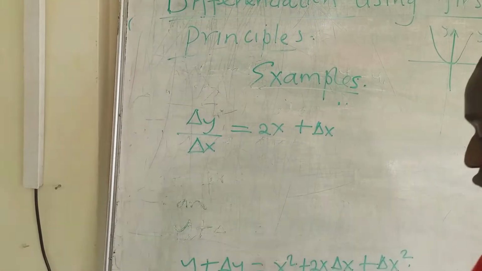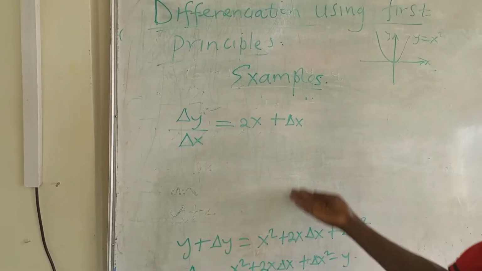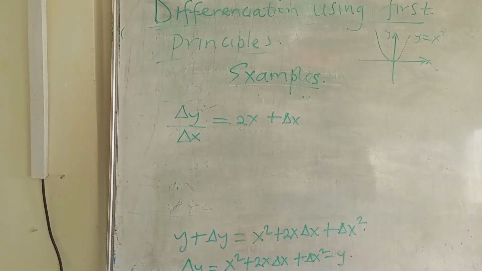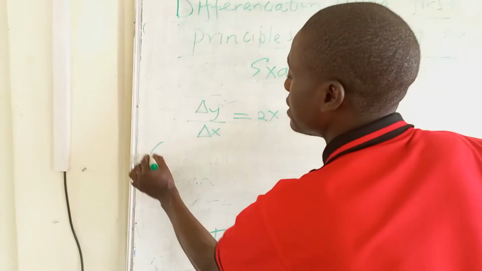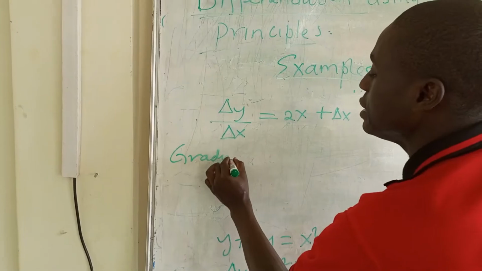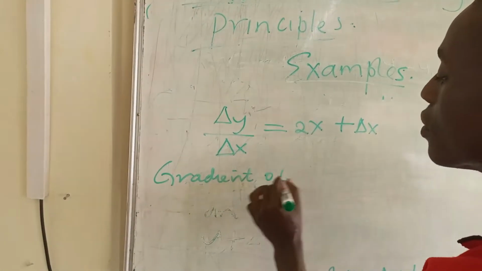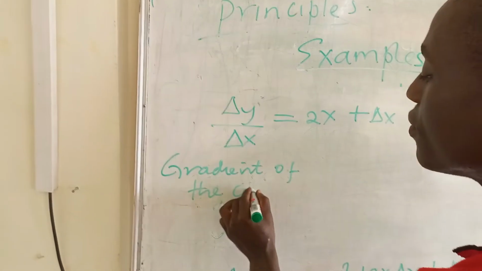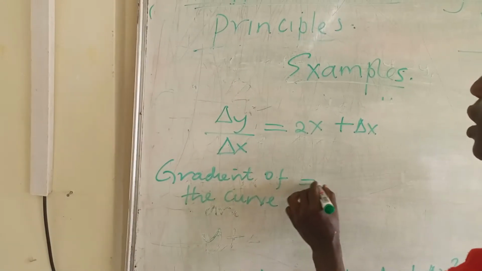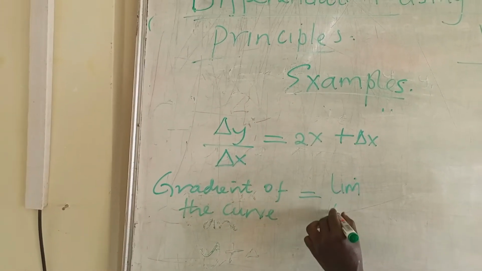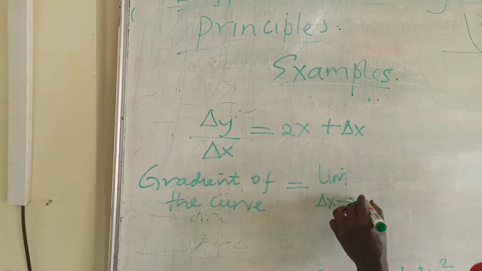So this x goes with this x, and one reduces here, you remain with the change in x. So from our formula, the gradient of the curve is equal to the limit as the small change in x tends to 0.